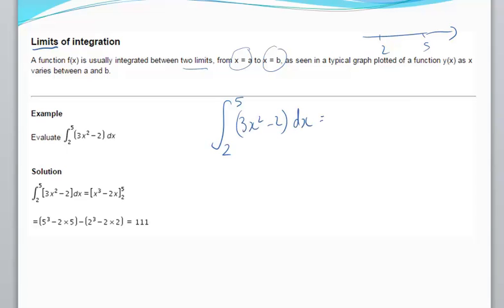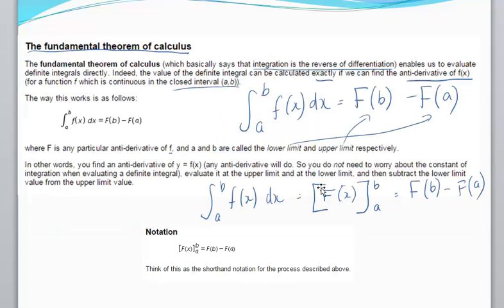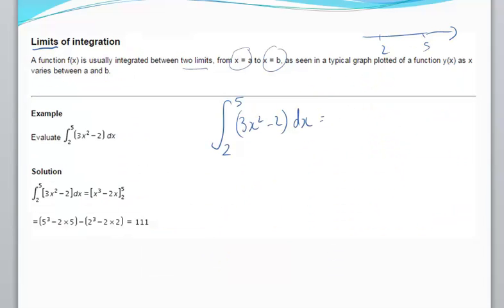Using our terminology from before, we're going to integrate and put our antiderivative into our square brackets with b and a. We're going to put our square brackets. 3x squared gives 3x to the power of 2 plus 1 divided by 3.